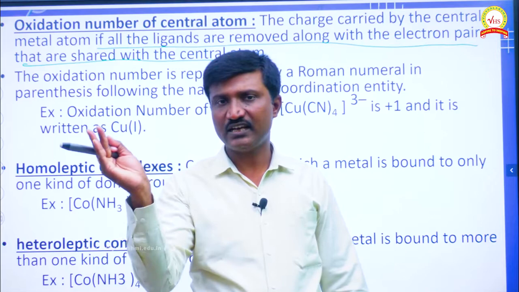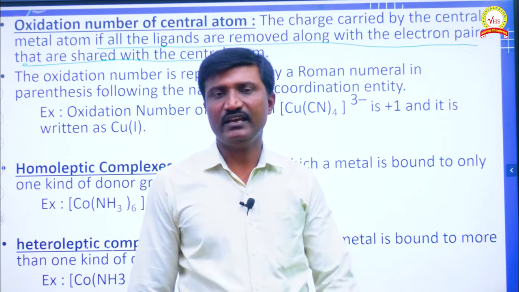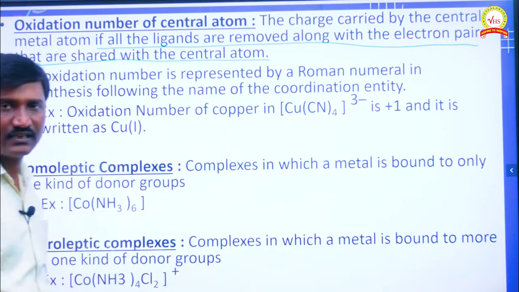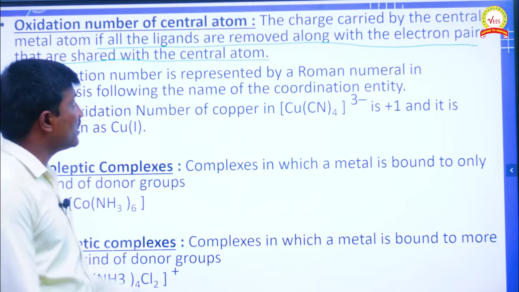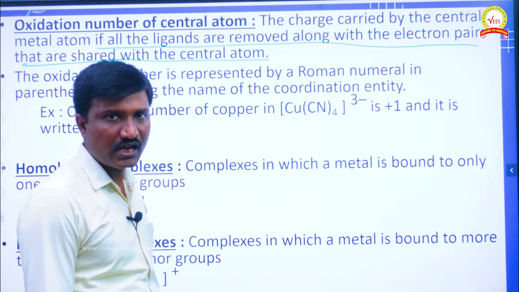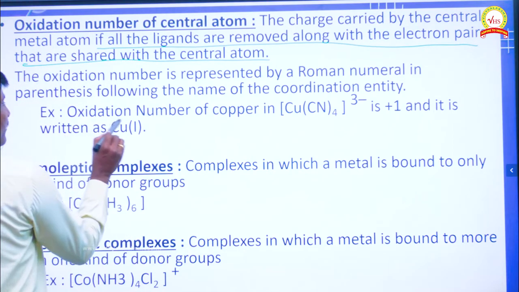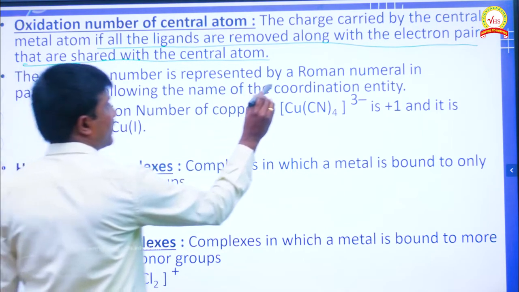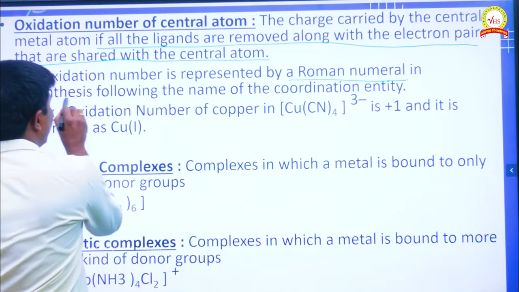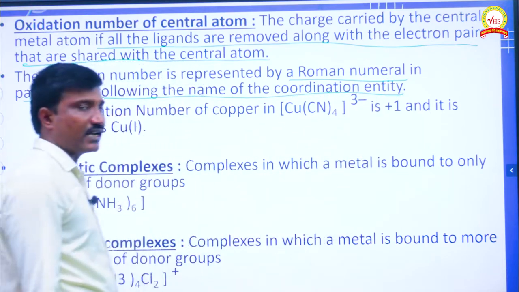So when we remove the ligands, those shared pair electrons are also removed, and then the central metal atom gains some charge. That charge we call the oxidation number or oxidation state of the central metal atom or ion. Generally, the oxidation number has to be represented by a Roman numeral in parentheses following the name of the coordination entity or metal name.